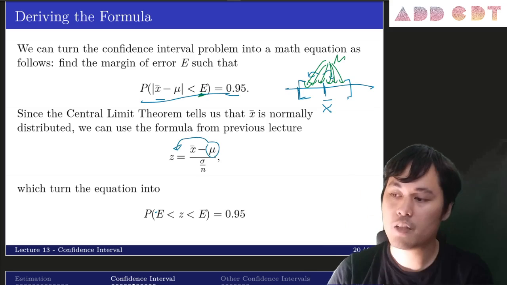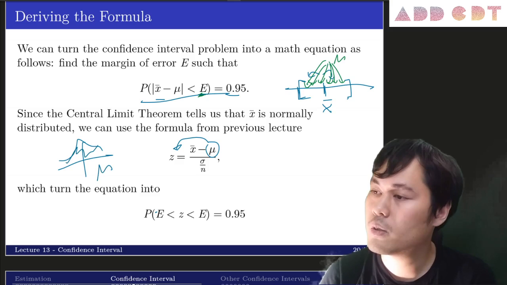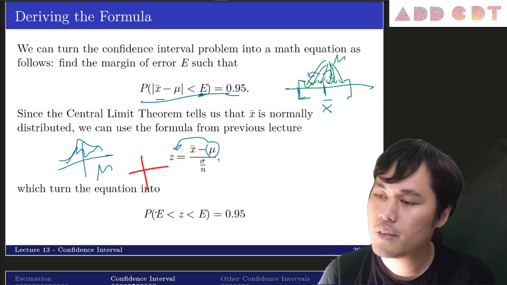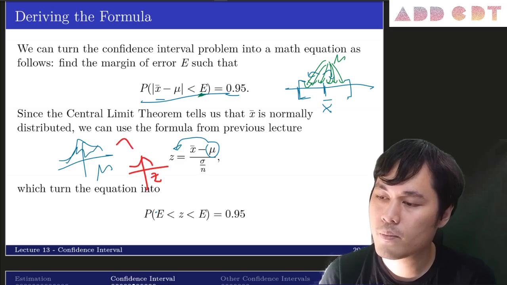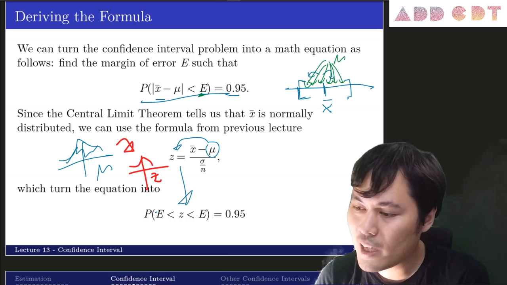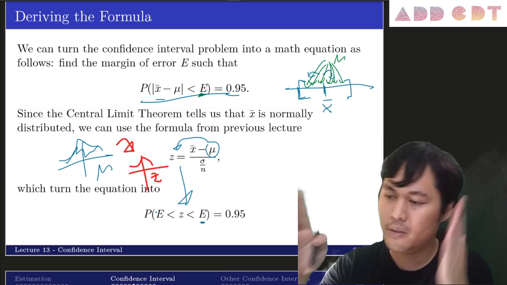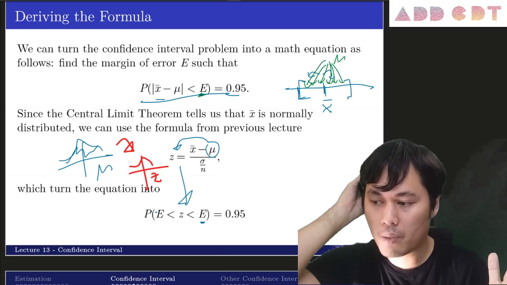We change from the distribution about mu to z, from that formula. And from that formula, now we ask, what value of e bounds the two ends of the curve to 0.95?